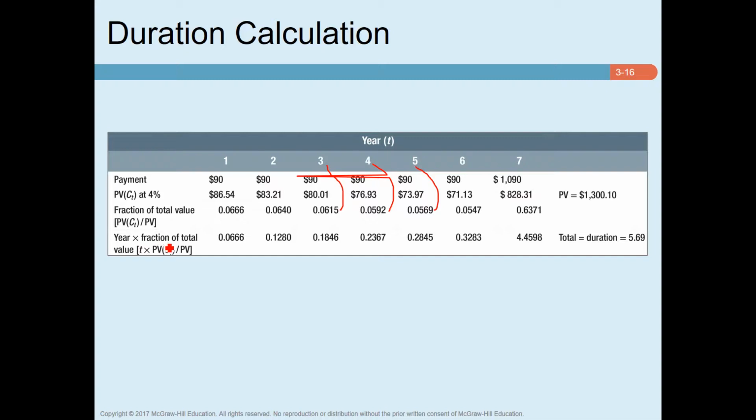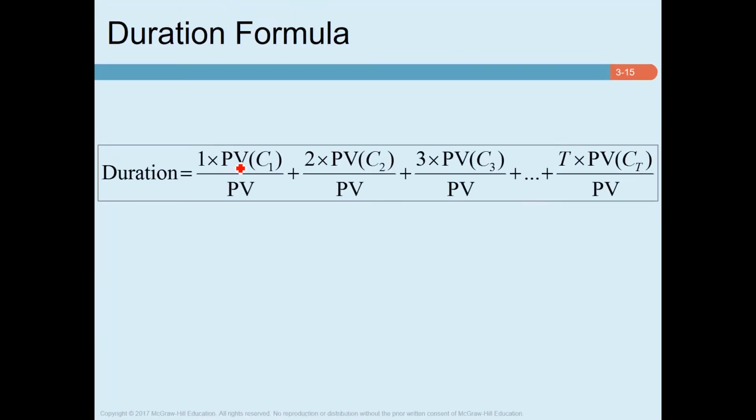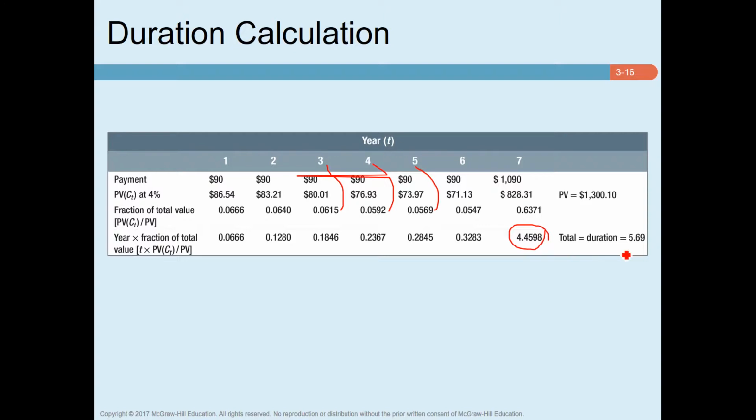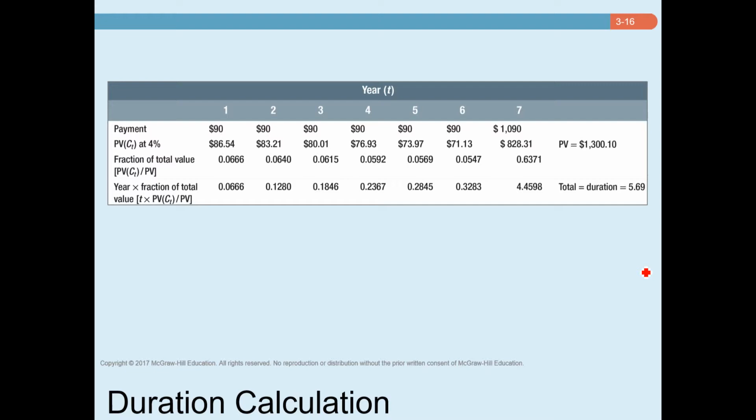So year multiplied by the fraction of total present value. As we sum them up according to the formula, we get our duration, which is 5.69. So the duration of this bond is 5.69.